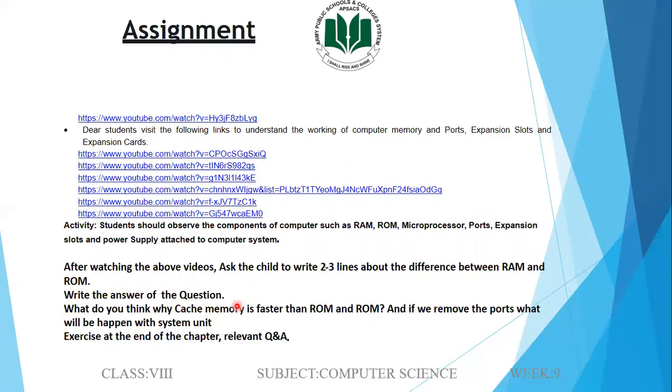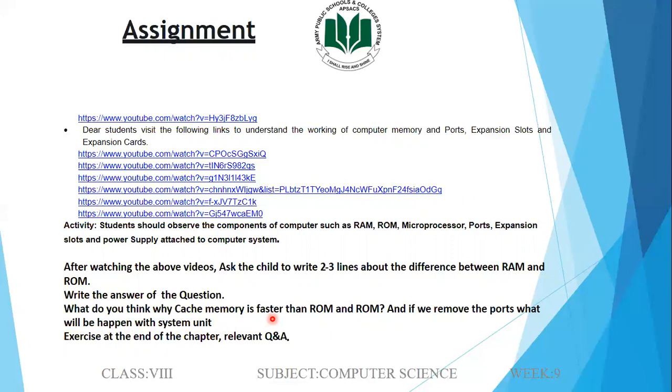Write the answer to the following question: why do you think cache memory is faster than ROM and RAM? Write the reason. And if we remove the ports from our system unit, what will happen?